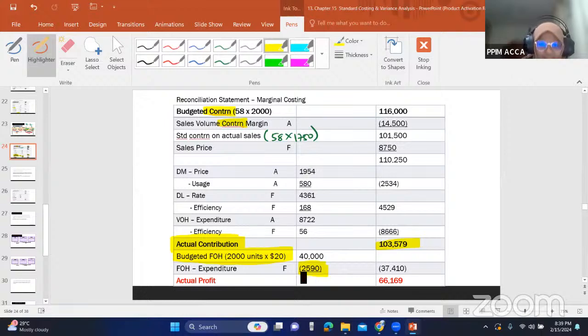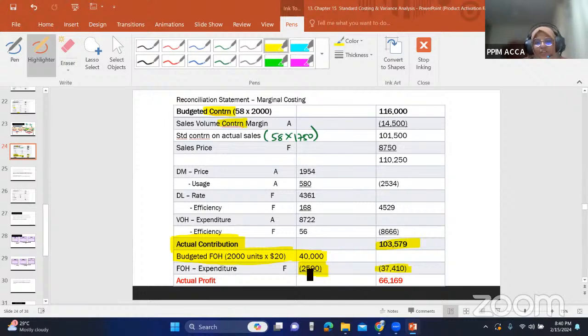The reason for that is 40,000 is a cost. Fixed overhead cost, budgeted cost. The actual is 37,410. That also we have in the question. So basically this favorable variance has reduced your cost. That's why it's favorable. That is why we deduct it from the 40,000. Because it's a good thing.